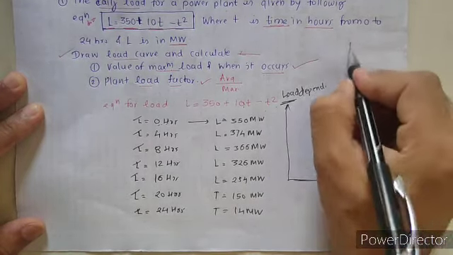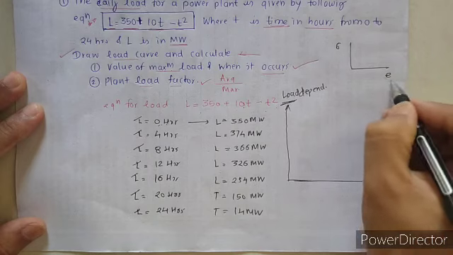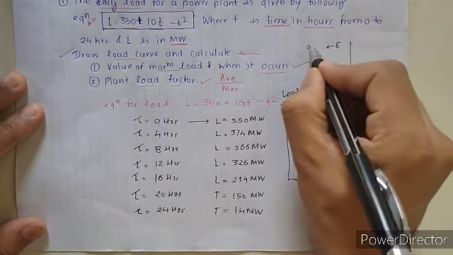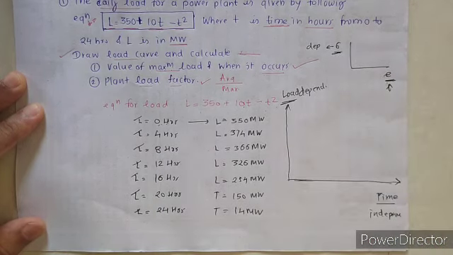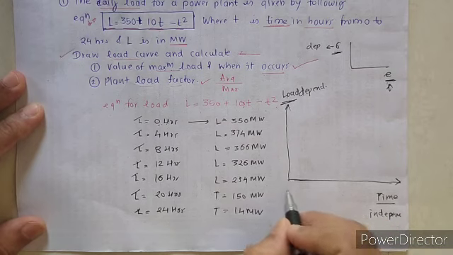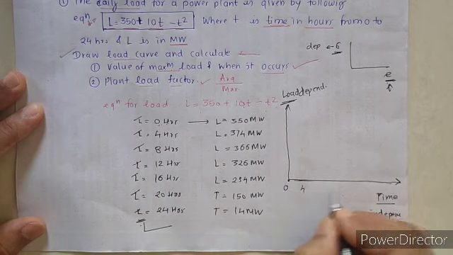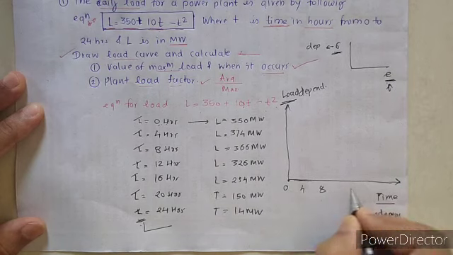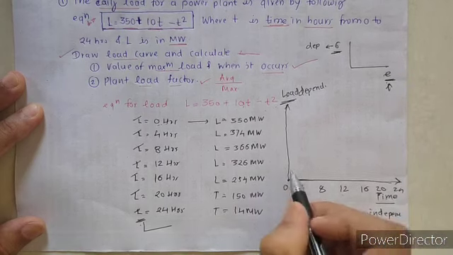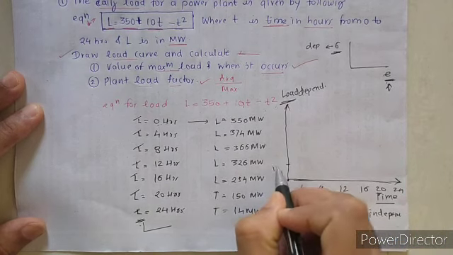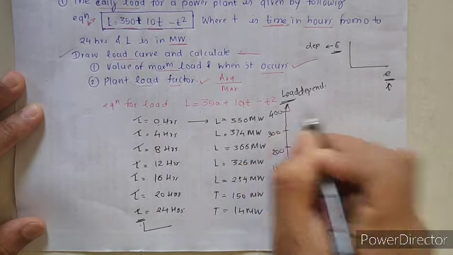Likewise, we plot stress versus strain graph, where strain is independent and stress is dependent, because of the strain the stress occurs. So on the x-axis we will take intervals 0 hours, 4 hours, 8 hours, 12 hours, 16 hours, 20 hours and 24 hours, and on the y-axis we will take intervals of load: 100 megawatt, 200 megawatt, 300 megawatt and 400 megawatt.